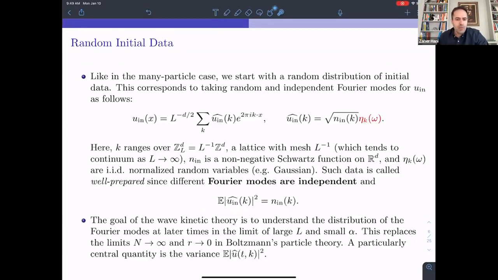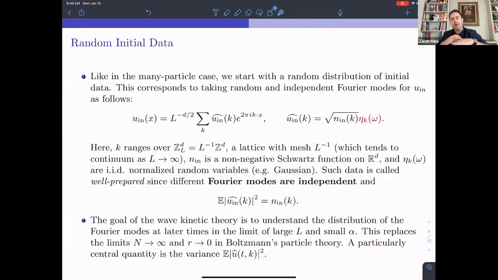The goal of this wave kinetic theory is to understand the distribution of the Fourier modes at later times in the limit when L is large and alpha is small. This smallness of alpha again replaces the limit r goes to 0 in Boltzmann's kinetic theory, again pushing the analogy. A particular quantity of interest is the variance of the Fourier modes at later times.